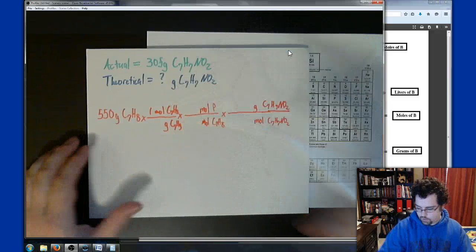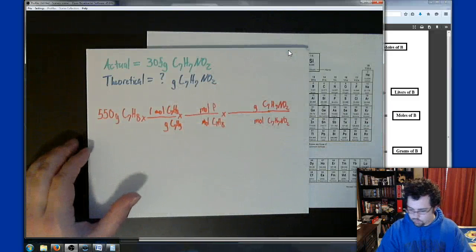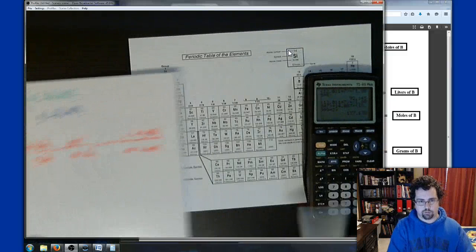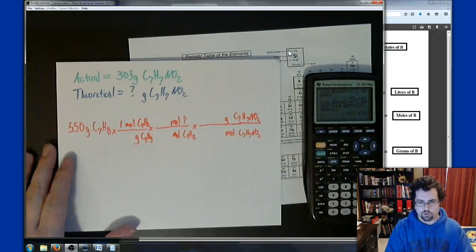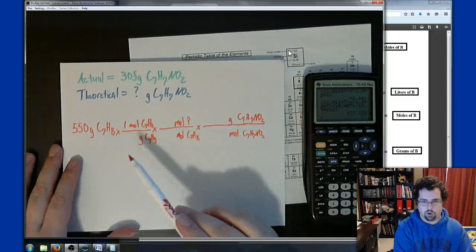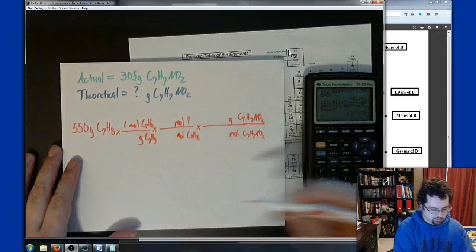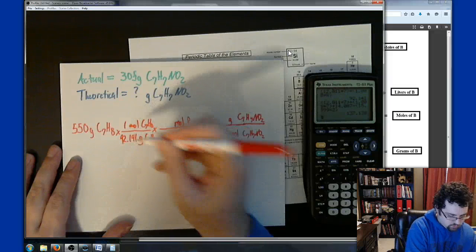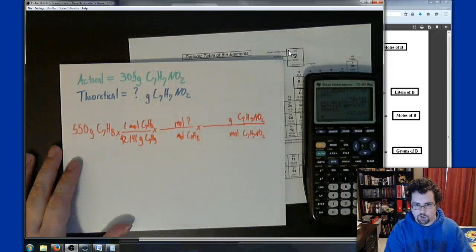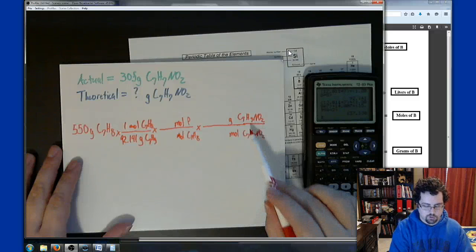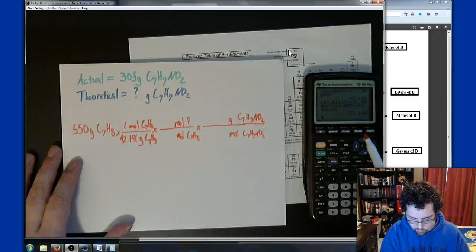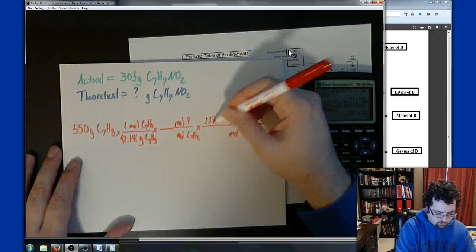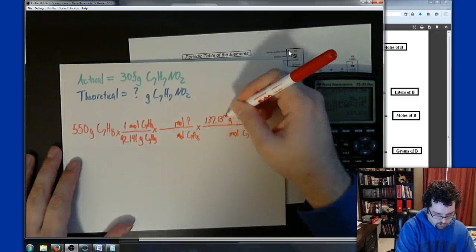There's 1 mole, and I pre-calculated the molar masses for these big compounds, okay, by just adding up their masses from the periodic table. So the molar mass of toluene is 92.141 grams, and then the molar mass of nitrotoluene is 137.138 grams.